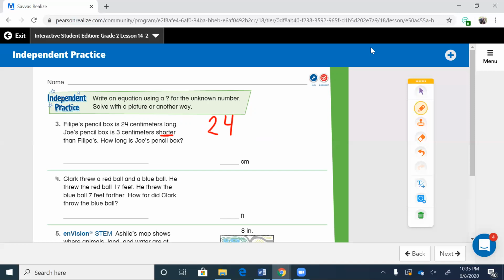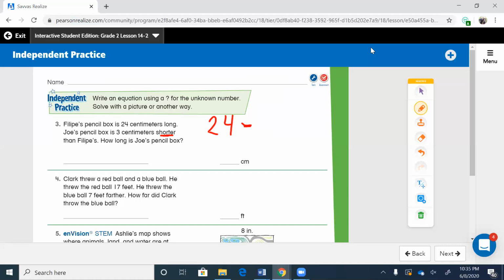So that word shorter is going to signal subtraction, because shorter, think about a big yardstick. You have the highest number on top, and then it keeps getting lower, right? So shorter is going to be less number.